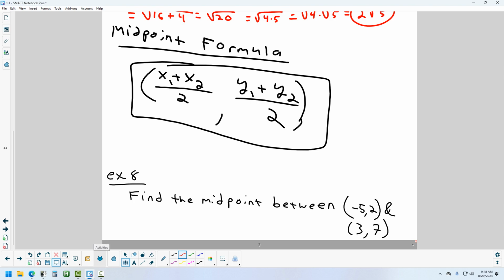All right, so we'll finish up by finding the midpoint between -5, 2 and 3, 7.